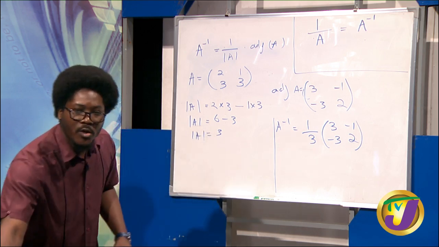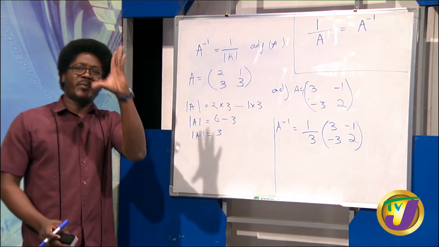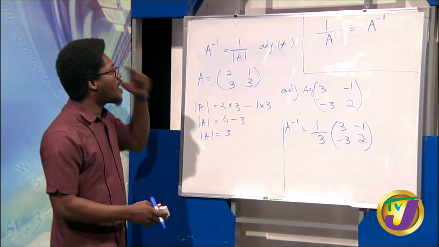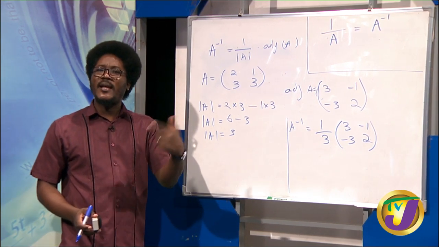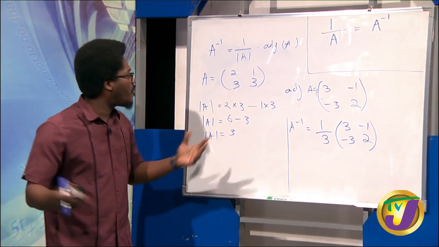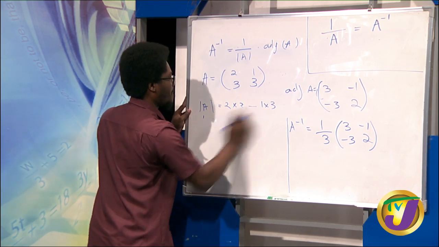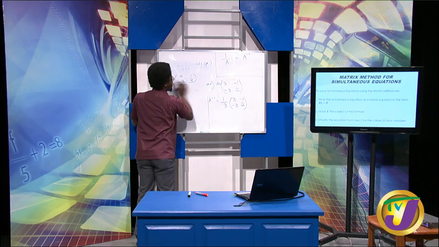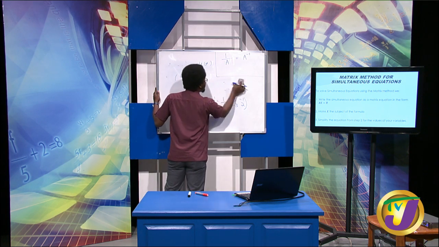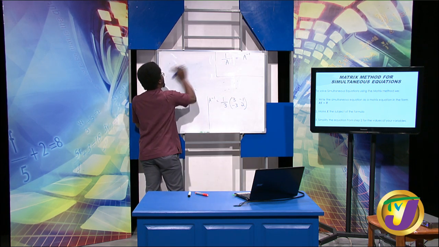Okay, now something else just popped up in my mind, and I am now wondering, what if I actually multiplied A inverse by A? What will happen? So let me have A inverse stay right where it is.